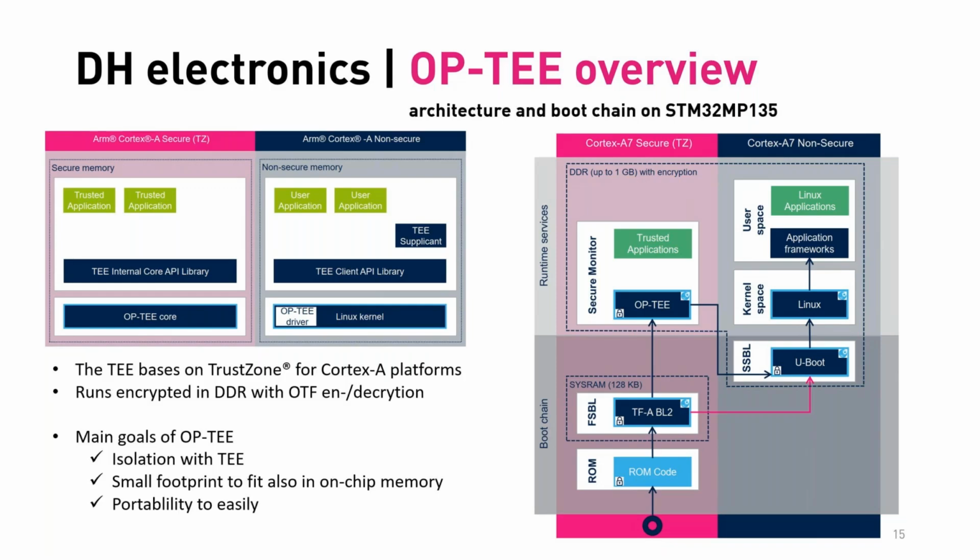On the next step, TFA loads all next step binaries. In this case, this is U-boot as the second stage bootloader. It gets loaded on a specific address and also verified by TFA for a secure boot, called trusted board boot in this case.